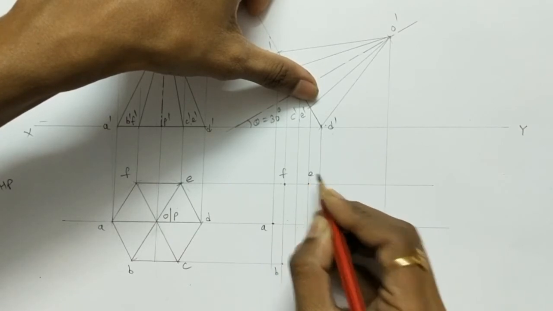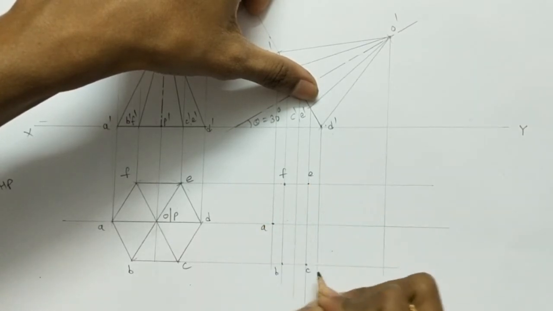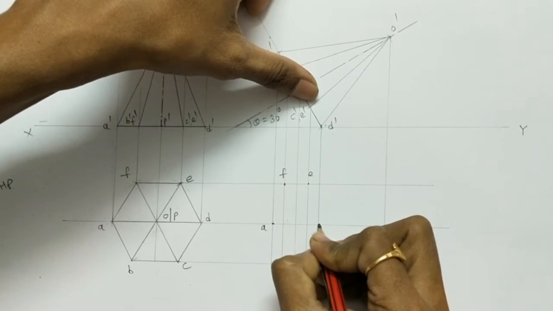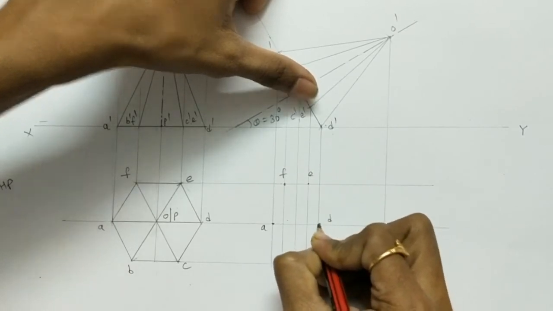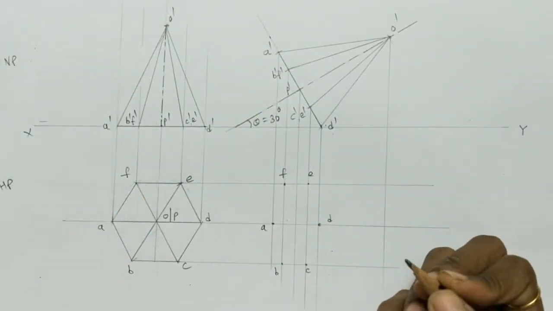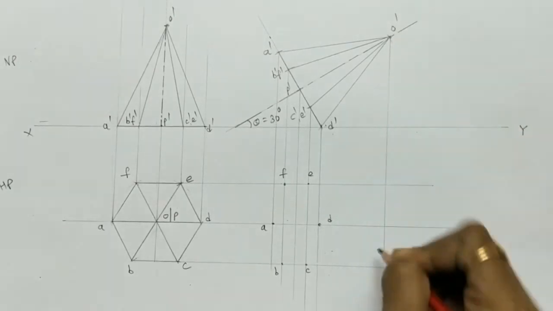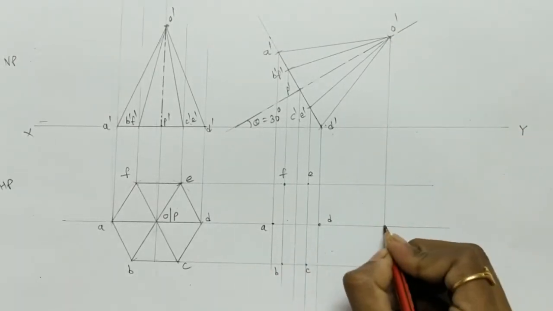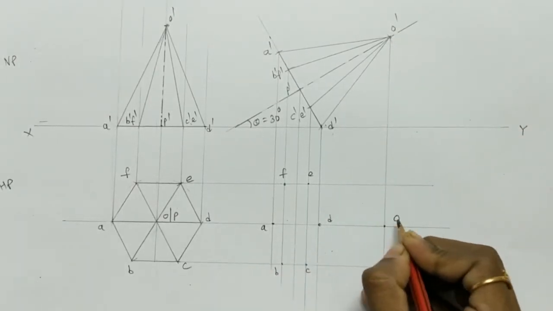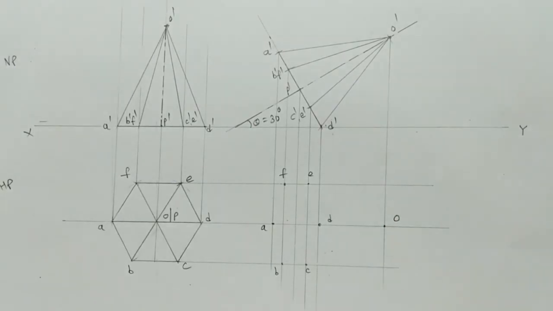So here E and here C, and this is point D. Now this is apex, that is O, which is on this line. So this is O point.